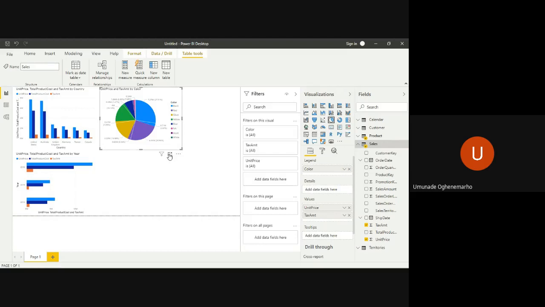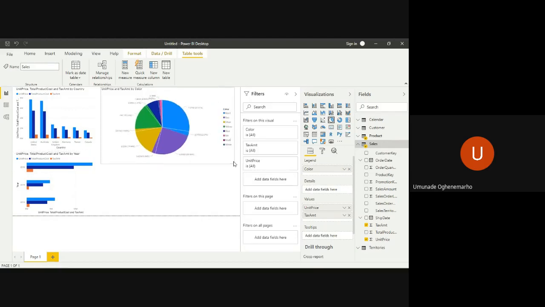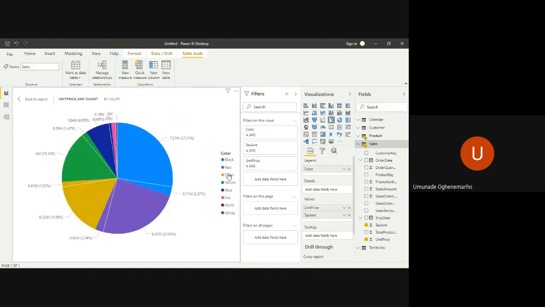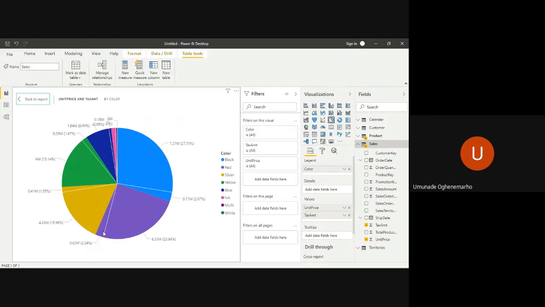If I focus on this, let me just increase the size so that it's clear. You can see that these arrows show us what is what. So 2.34% is tax amount 1.55. So we can just take a look at that.